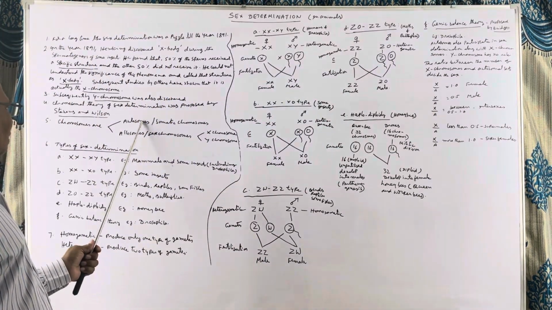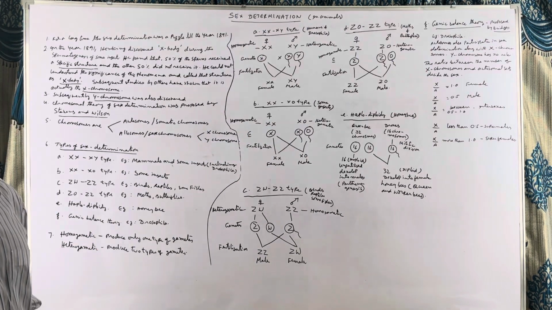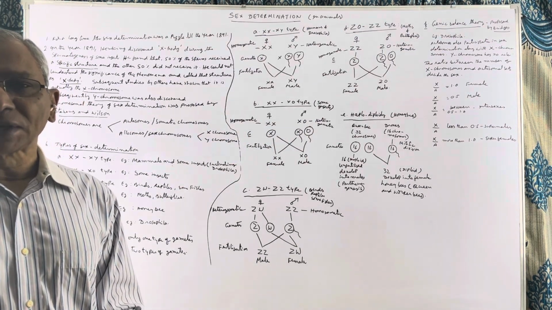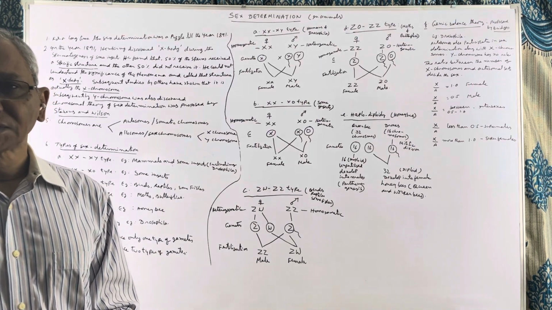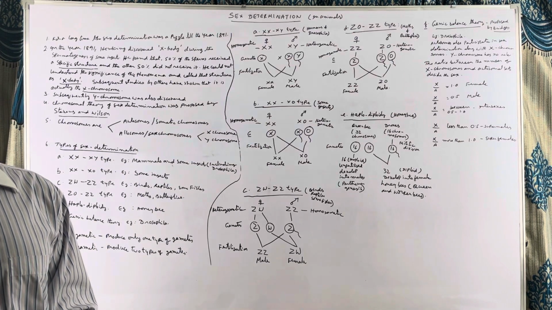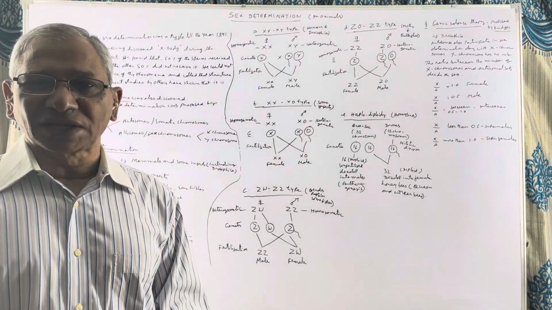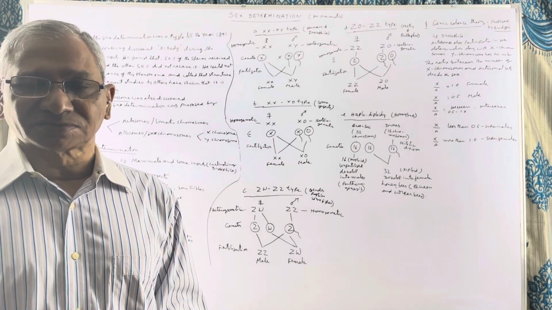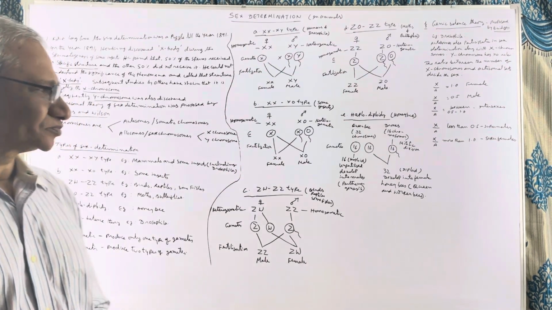Autosomes are also known as somatic chromosomes, and they regulate all bodily functions other than sex determination. The allosomes or sex chromosomes are mainly concerned with sex determination. They decide the sex of the organism.